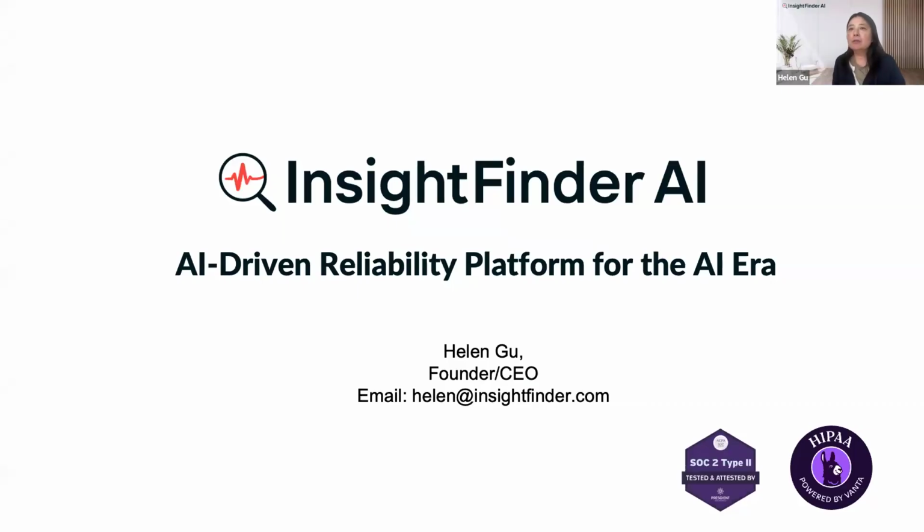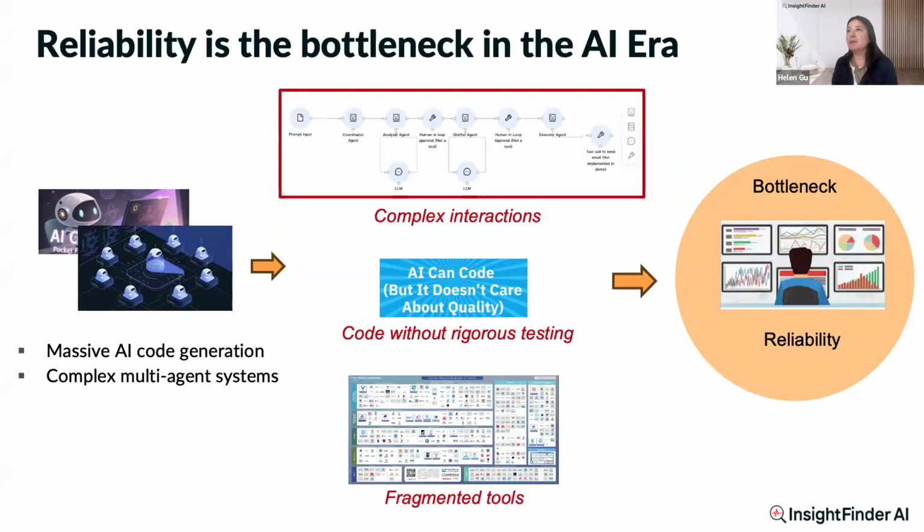So we want to use maybe the next 10 minutes to share our experience helping some Fortune 500 companies implement AI-driven reliability services in their production environments. The key thing I want to emphasize is that this problem is more important than ever.